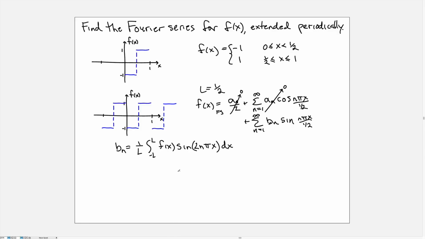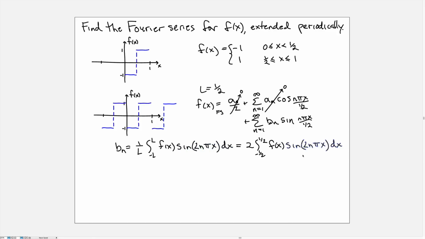So this is what we have to calculate the bn values. So let's fill in the pieces. L is a half, so 1 over a half is 2, and then this is the integral from minus a half to a half of f of x, and I'll just copy this over, sine of 2n pi x dx.